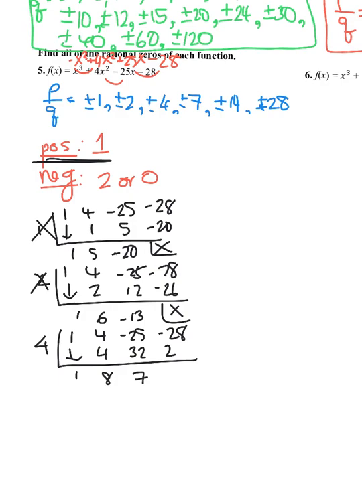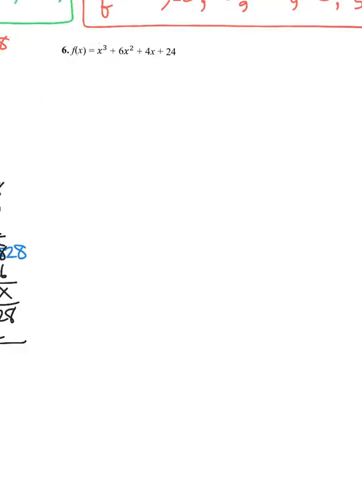All right, let's try it again. I'll do number 6 and show you how that one's done. For number 6, I'm going to find all the possible rational roots first.